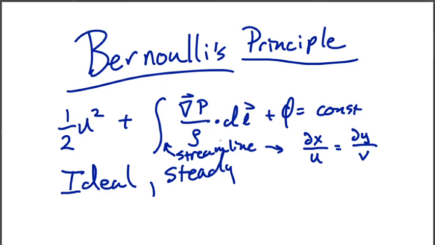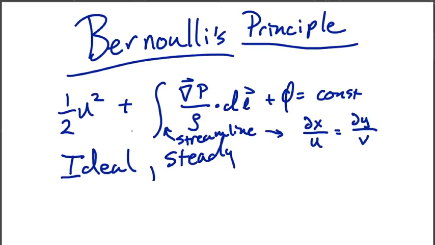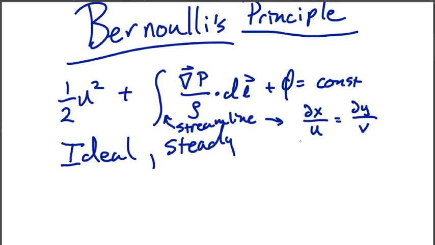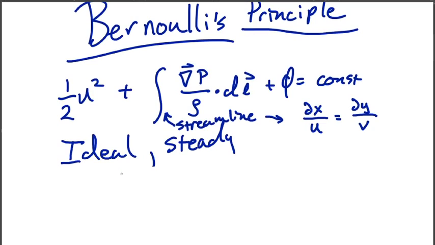Now, this path integral, our conserved quantity, this constant, is only constant for each individual path integral. If we have a simpler system, if we have incompressibility, then some of this bit of streamlines disappears.